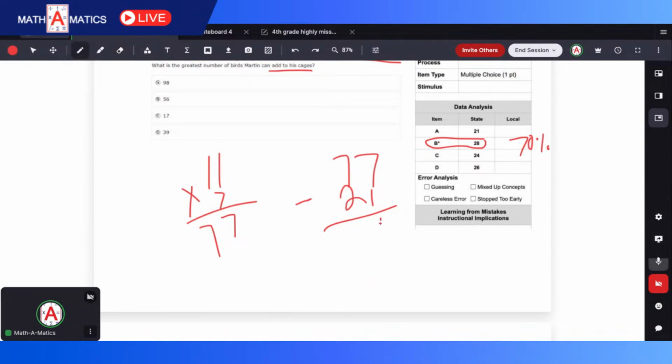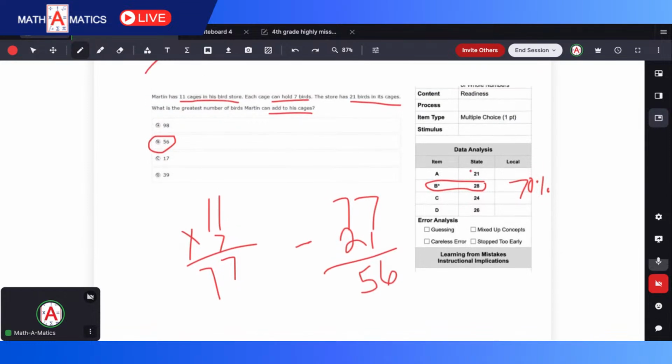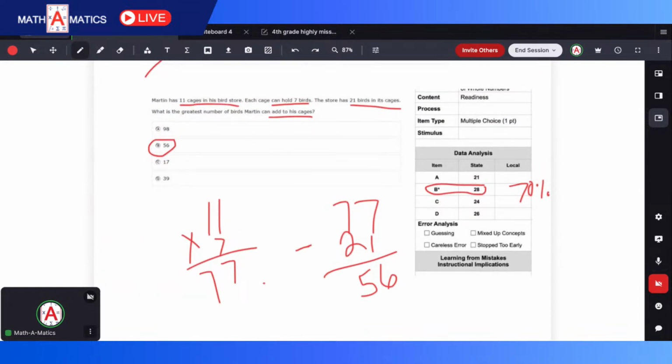So now let's subtract. We get a 6 and we get 5. We get 56. And if you look at the numbers, you could tell that a lot of students were probably really lost here. And I'm sure it came down to the reading or because they did not see 77. I'm telling you, a lot of them were like, oh, this is 77.